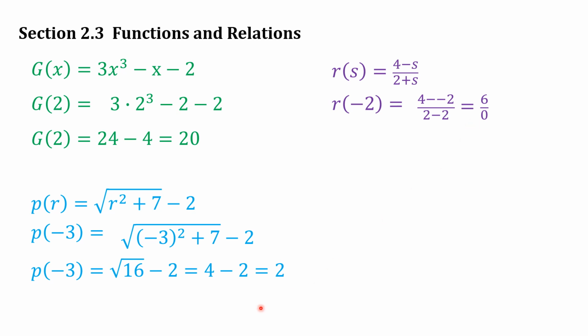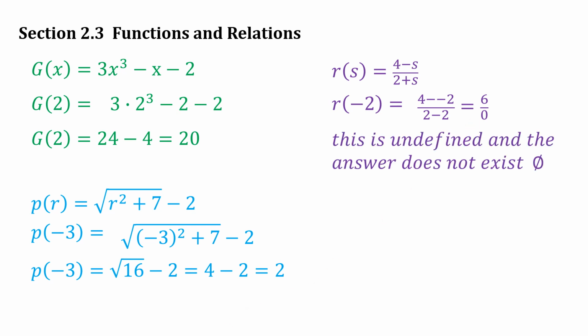Okay, so that's not allowed. That's where you run into a giant problem. Because this is not an answer, meaning it doesn't give you back an answer for negative 2, this is not a function. For the function, you have to get an answer for every question. One specific answer, not a bunch of answers and not no answers. You need an answer for every question. In this case, negative 2 did not give you an answer.